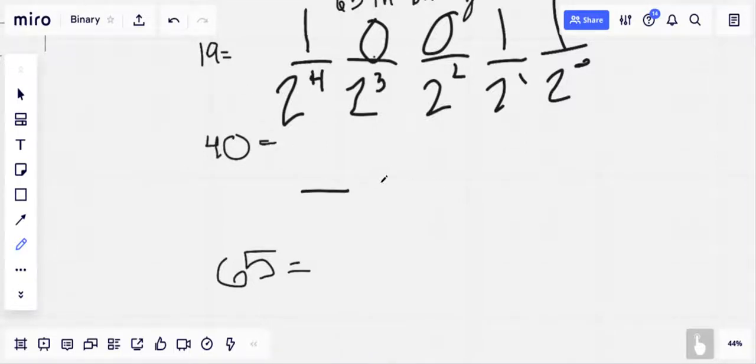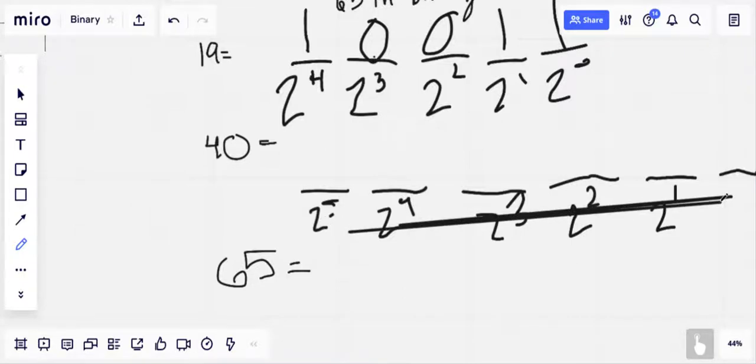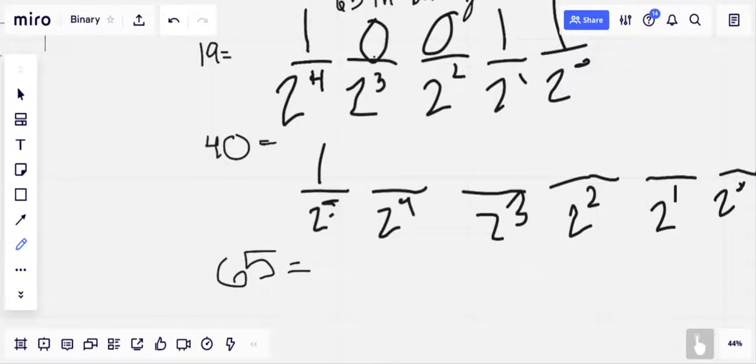So let's draw a couple of blanks. It's really helpful to draw horizontal lines underneath when you're beginning. So 2 to the power 5, 2 to the power 4, 2 to the power 3, 2 to the power 2, 2 to the power 1, and 2 to the power 0. 2 to the power 5 is the closest, and that's 32, so we have a 1 there.